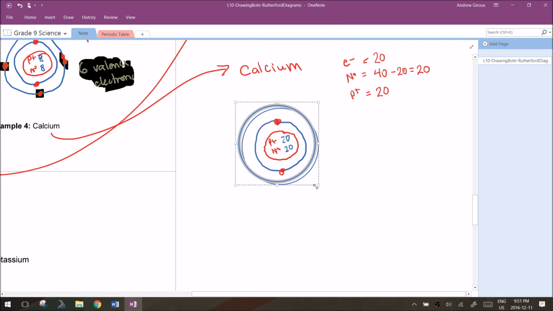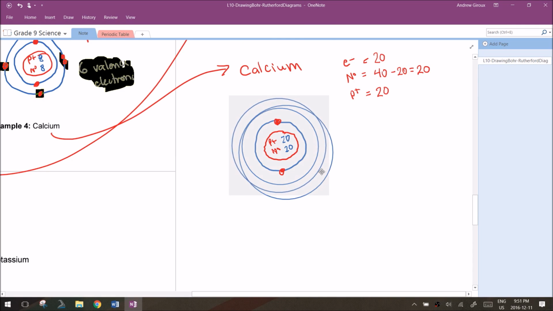I'm going to need a few energy shells, so I'm just going to put a couple here. So 2 electrons in the first shell, 8 in the second. So now I have a total of 10. I can keep going because I need a total of 20.